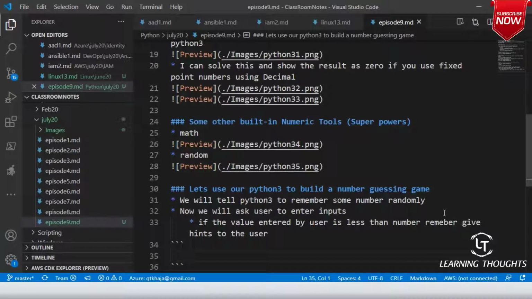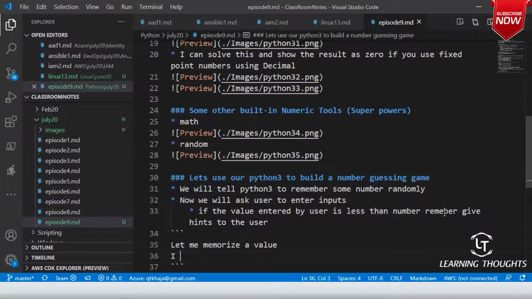The output of your program should be something like this. There is no need for you to write this program. I'm trying to tell this again. Think about this program. Let me memorize a value. Let me start with this. Do you want to play a number guessing game?